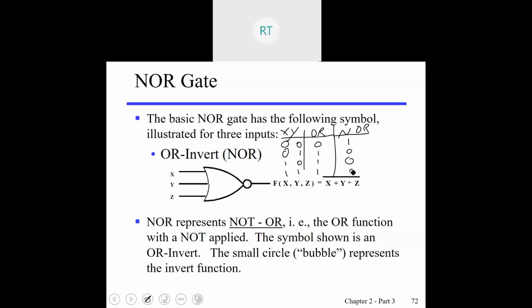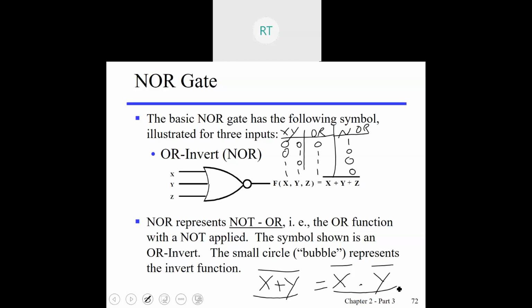NOR could be represented as an OR with a bubble, or it could also be represented, let me show you, as X or Y with a bar. Do you agree? This is the NOR. Use De Morgan's law. What could you write about that? It is X bar dot Y bar. You agree? So this is a NOR gate, and this is also a NOR gate. The first NOR gate is represented with an OR and a bubble.